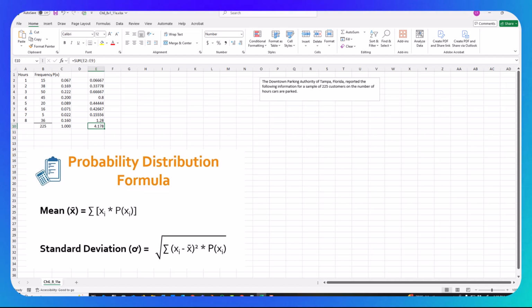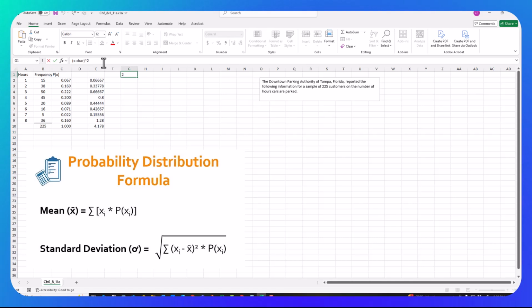Now, unfortunately, the standard deviation is not quite as easy. It's this big old formula. So what this says, and I'm going to do it here in steps, is it says to take each X value and then subtract it from the mean, that's X bar, and square it, and then multiply that times its probability.